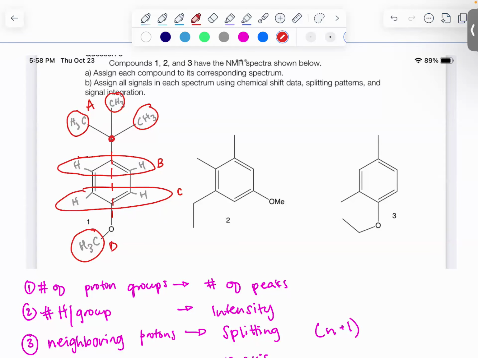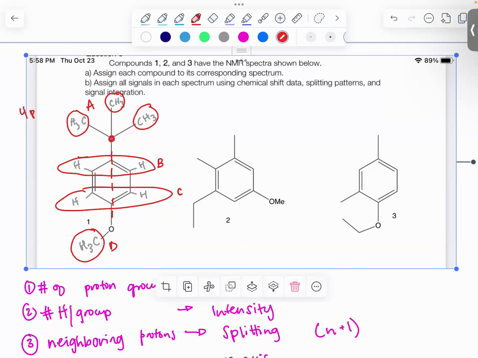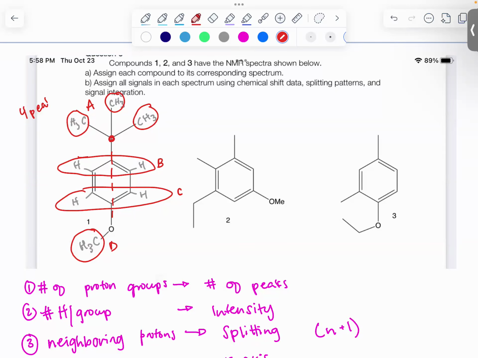So we expect to see 4 peaks. How many protons are in group A? 9. So we would expect to see an intensity of 9 for this peak.